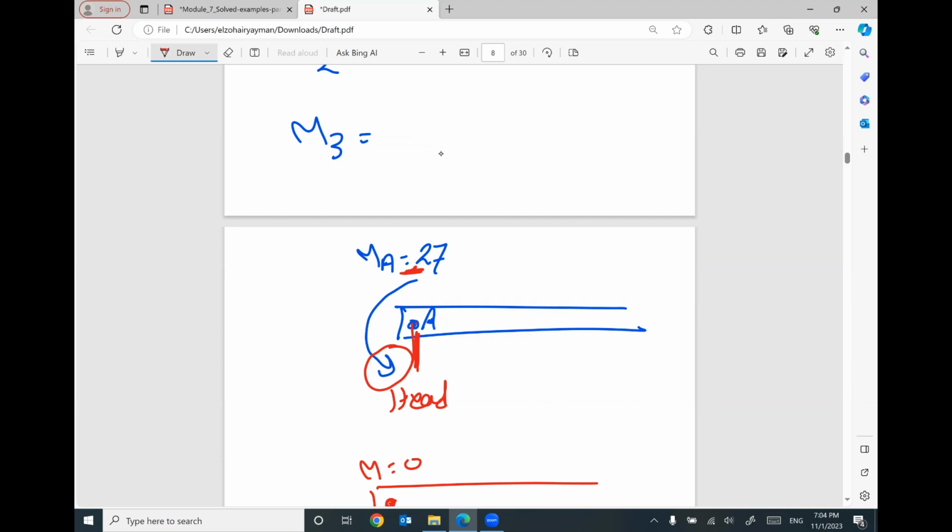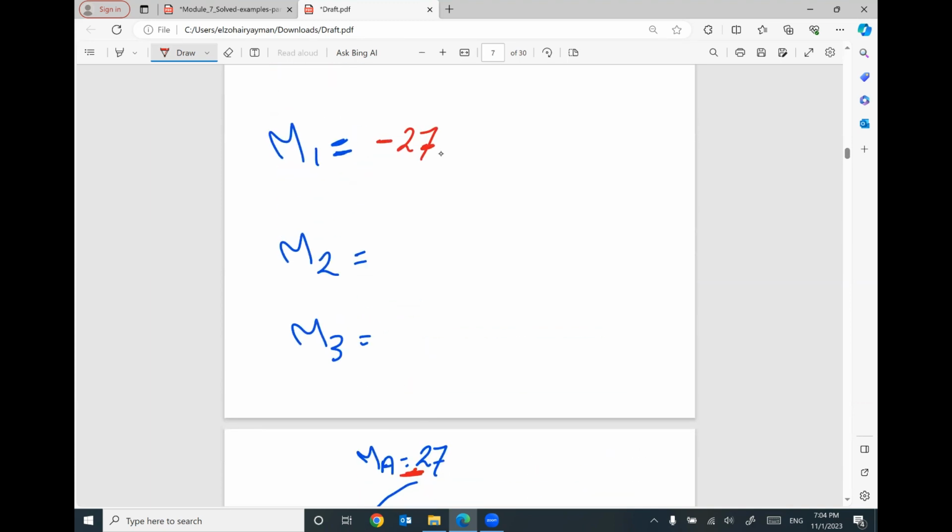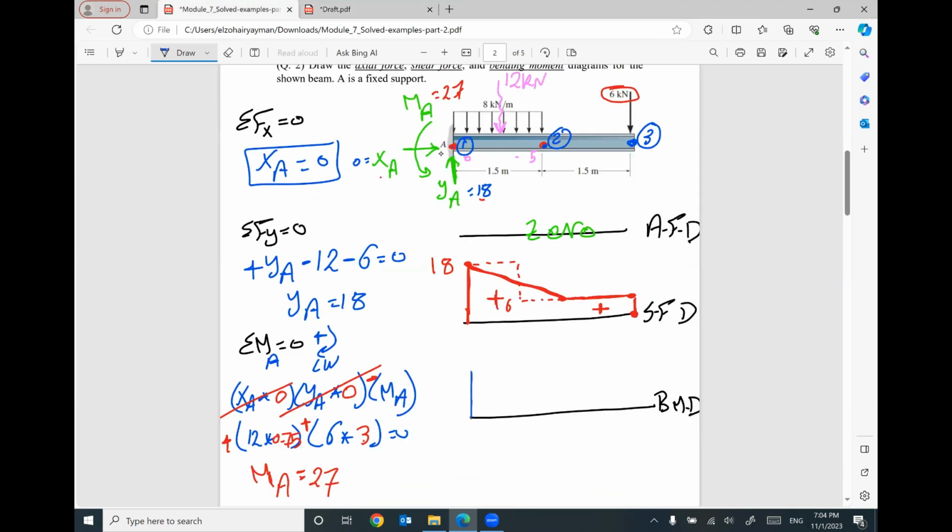And this value will be positive or negative based on where is the head of this arrow. If the head is down, your value will be down and negative. If the head is up, your value will be up and positive. So looks like your value here, I'm sorry, will be down. It's negative 27.